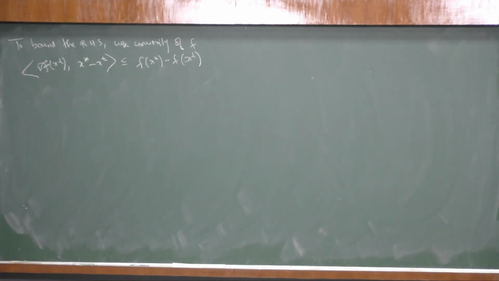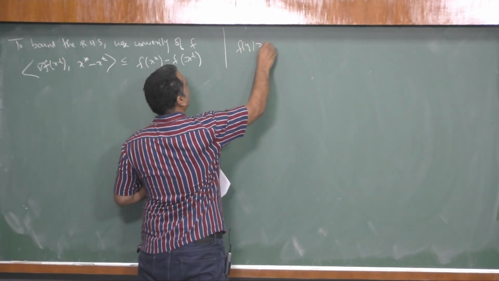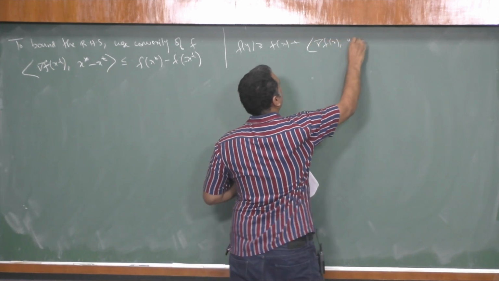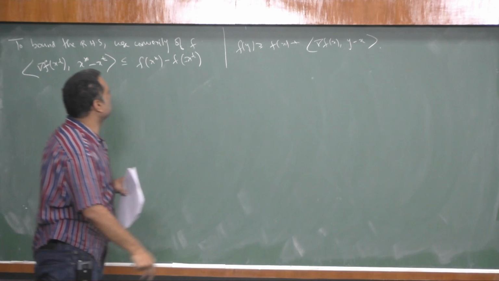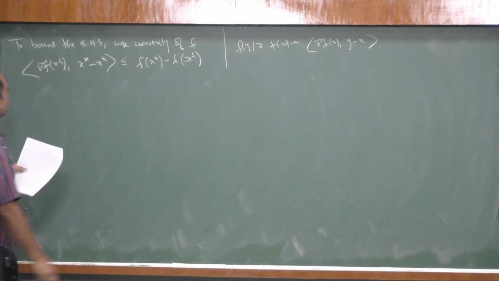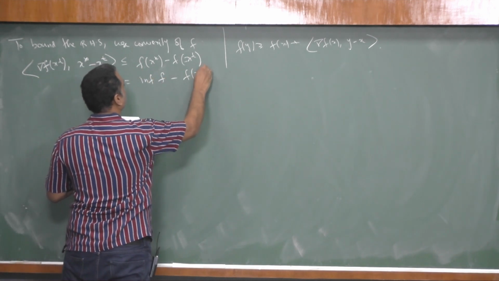The convexity result gives me this, because recall convexity: f y is greater than or equal to f x plus grad f x times y minus x. Now choose your y and x so that this inequality gets satisfied. You can verify that this is from convexity, and since f x star can also be written as an infimum, this is nothing but the infimum of f minus f xt.